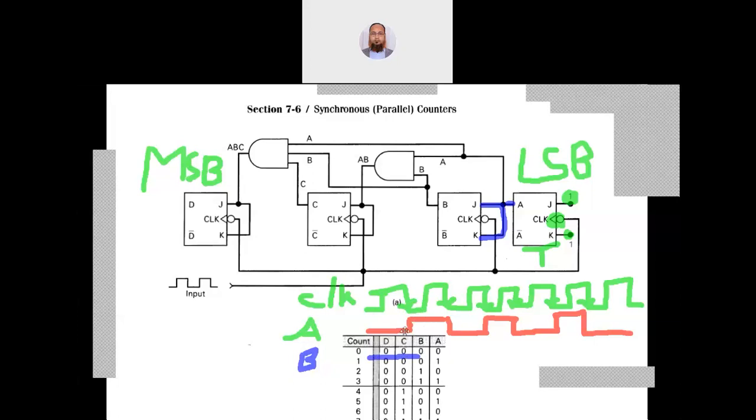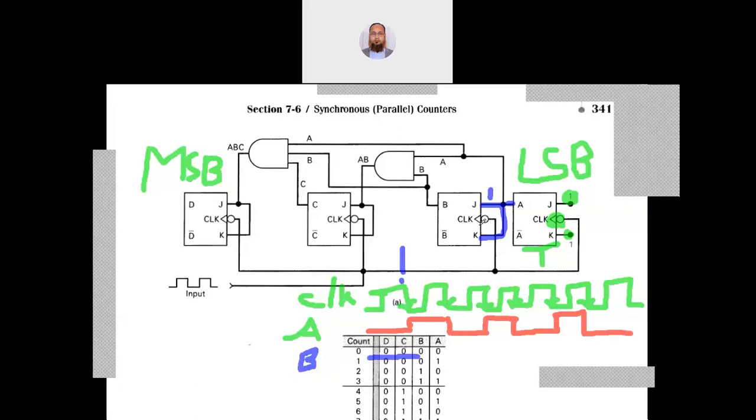Because before this line, A was 0 and the clock came, and A became 1. So A is now 1 here, but the clock has passed. So this can change only at the clock, not before the clock.